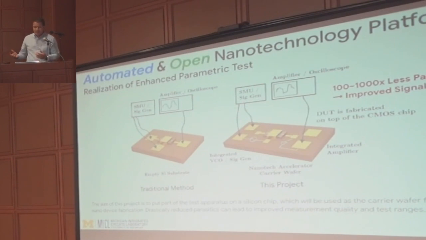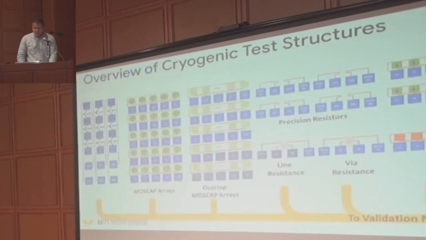Now we started with the multiple tape-outs, and this is the idea. We have drastically reduced the parasitics, and we improved the SNR. We have on-chip signal generators, integrated amplifiers, and so on. The first tape-out was very simple. We needed very simple DC circuit test structures. So we're talking about here MOSFET arrays, precision resistors, line resistance, via resistance.